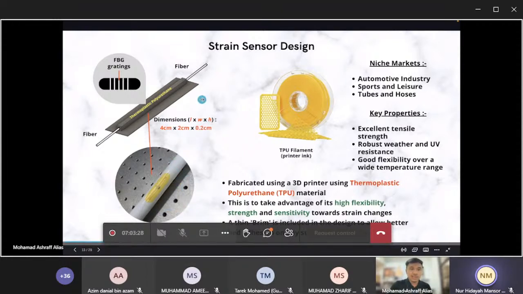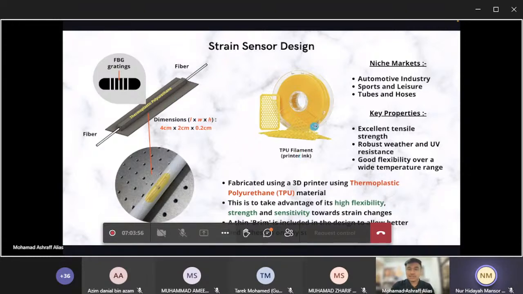And then I had used thermoplastic polyurethane material to embed the fibers and FBG. Thermoplastic polyurethane is good because it has high flexibility, good strength and sensitivity towards strain changes. And then here a thin brim is included in the design to allow better bed adhesion on any surfaces. This one here is called the brim.